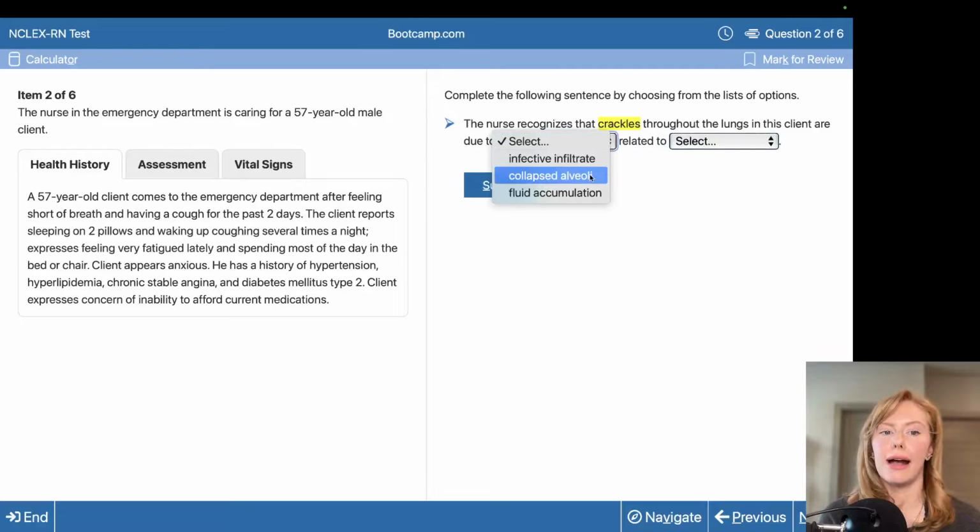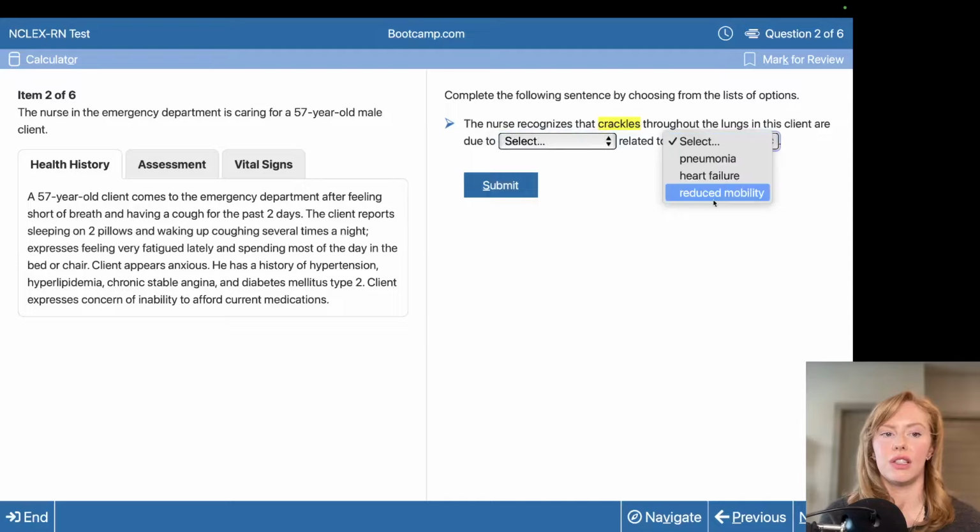Now, how about collapsed alveoli? Which of these conditions would cause alveoli to collapse? Pneumonia might cause the alveoli to collapse, but you guys remember after a patient has surgery or when they're really immobile, for example, this guy's been spending most of the day in the bed or the chair, they can start to have atelectasis.